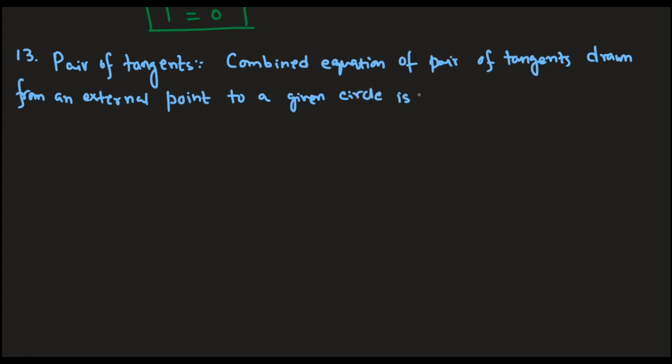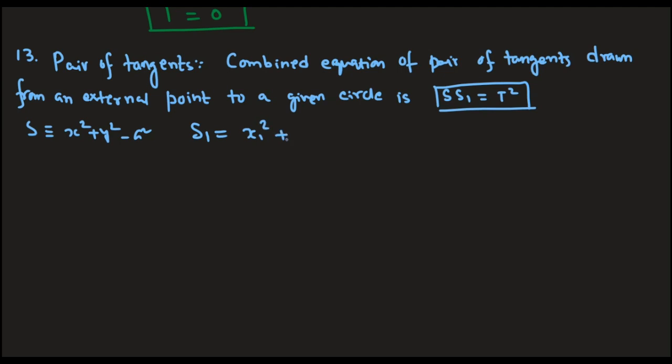The equation is S1 equal to T square. When we are going to calculate the pair of tangents drawn from any external point, the formula will be S1 equal to T square, where S is the standard equation, that is x square plus y square minus a square, and S1 we are taking x1 square plus y1 square minus a square.